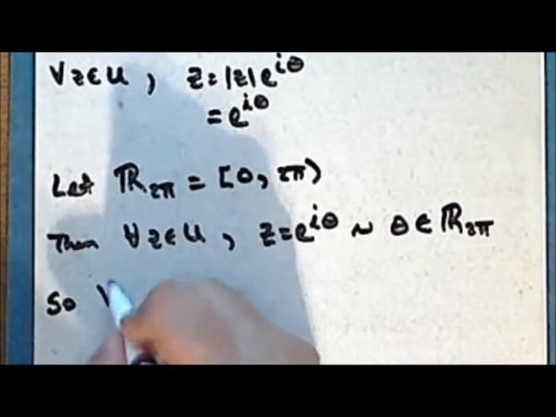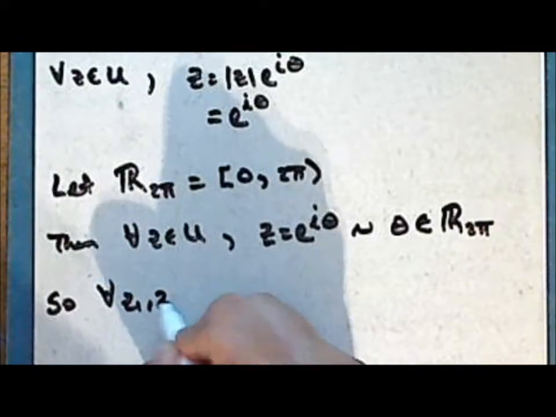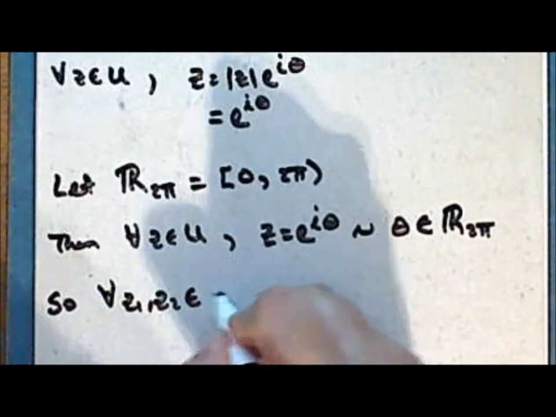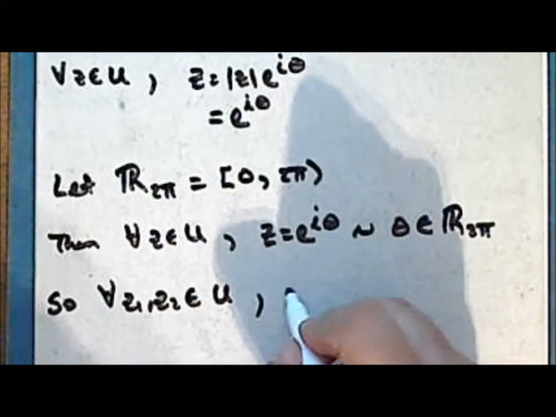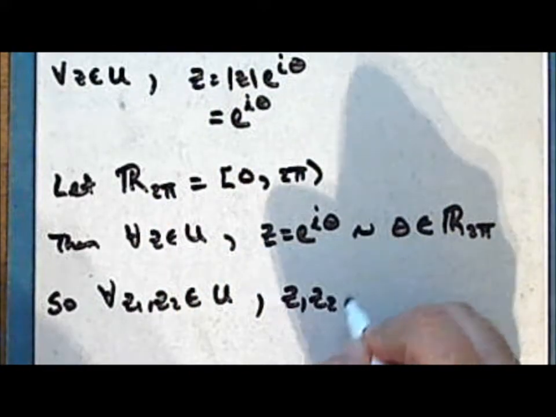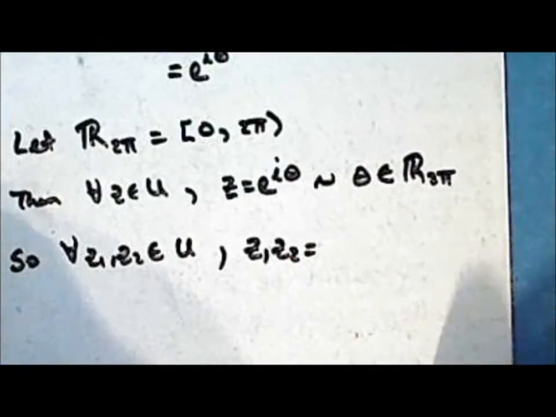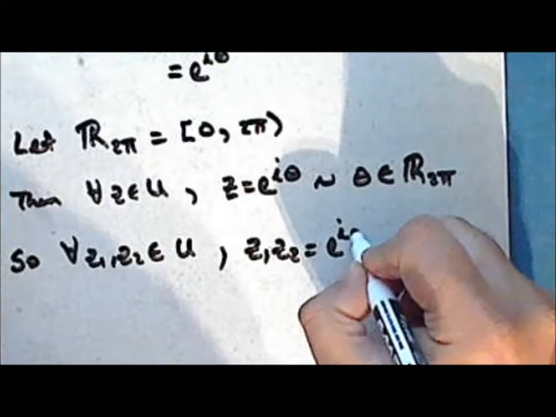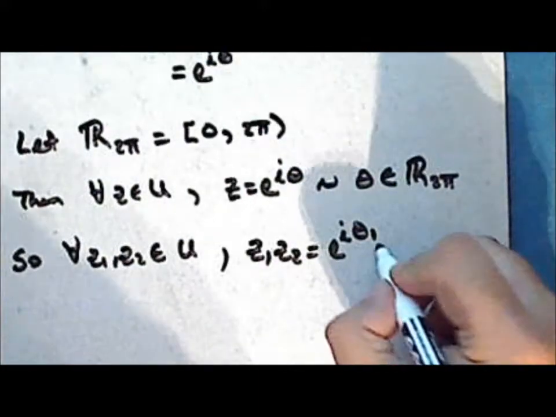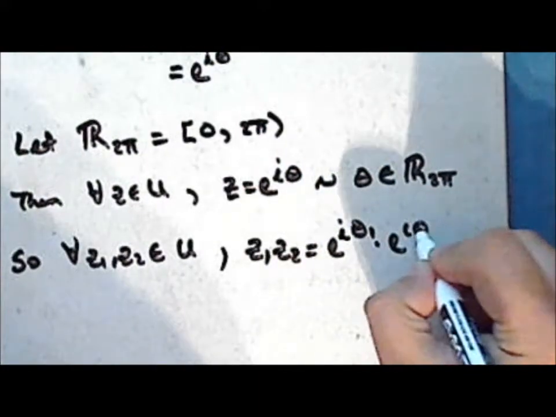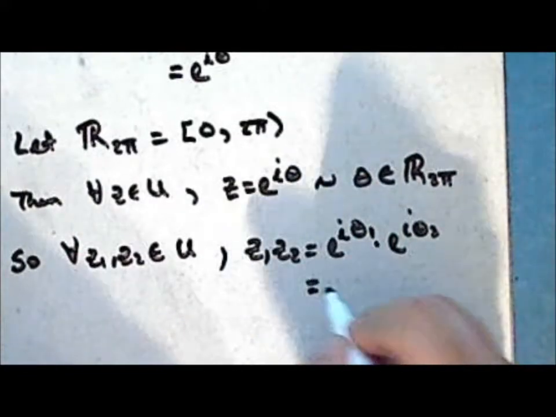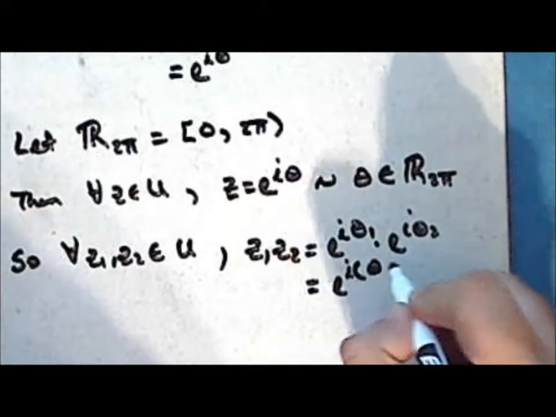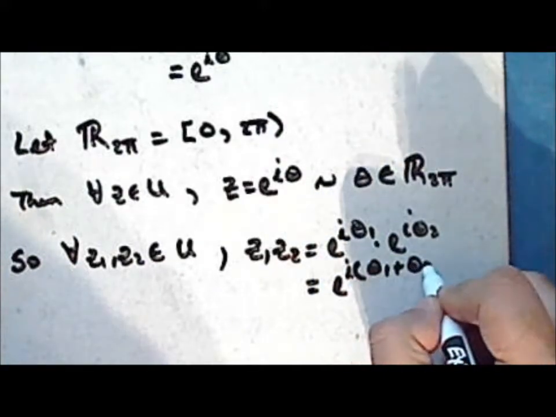So, for every 2 complex numbers on the unit circle, their product can be expressed as the product of 2 exponents, e to the I theta 1 times e to the I theta 2, and this is e to the I times the quantity, or the sum, theta 1 plus theta 2.